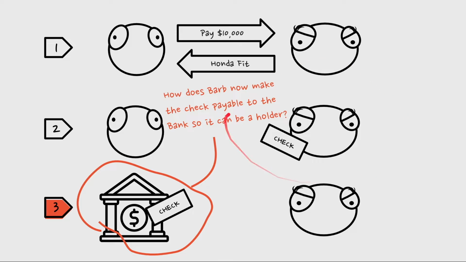It identifies her by name. Then she's trying to transfer the check to her bank, and we're asking, can that be a negotiation? Can the bank be made a holder? Obviously, they now have possession of it, but can it be made payable to them such that they're a holder? And the answer we said is, well, it could be by endorsement.